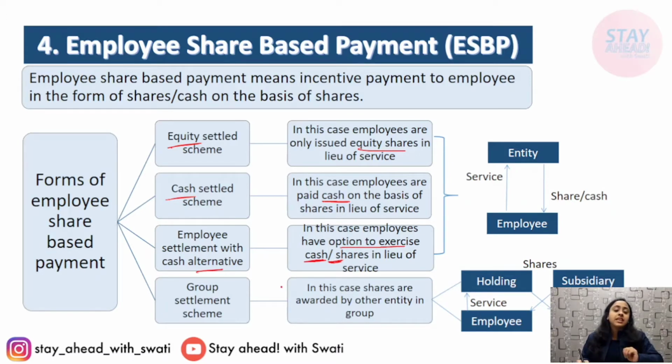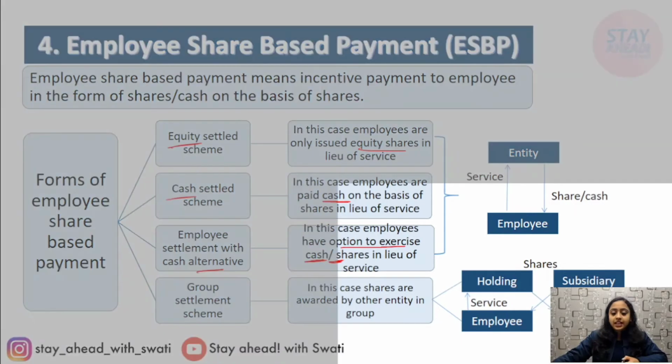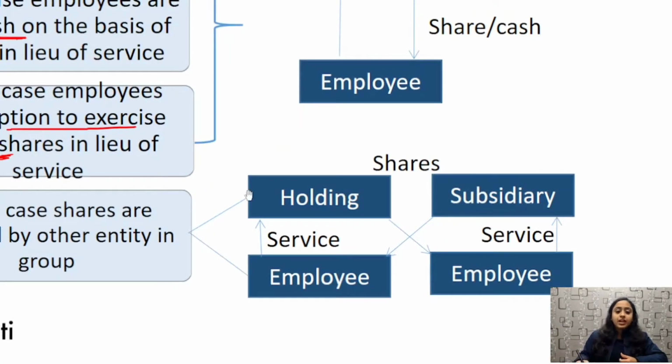The fourth thing is the group settlement scheme. This is a way where an employee gives service to one entity and any member of the group entity pays the consideration in the form of equity shares. For example, here there is a diagram: the employee provides services to the holding company, but the payment is made by the subsidiary.